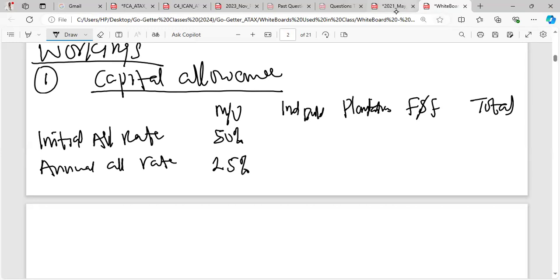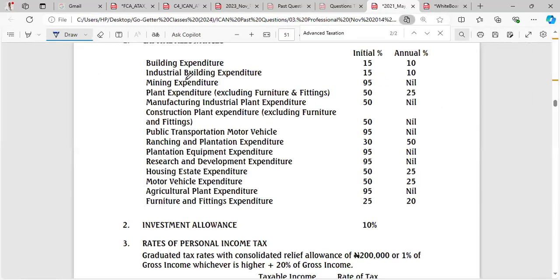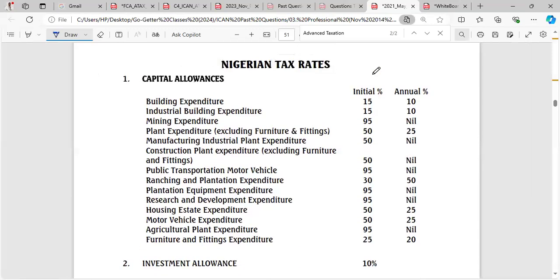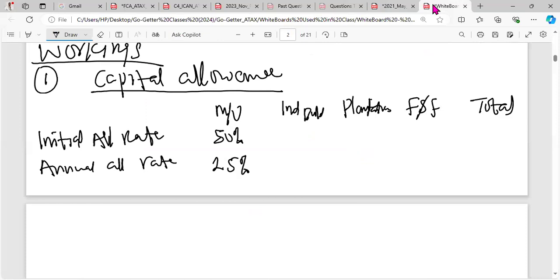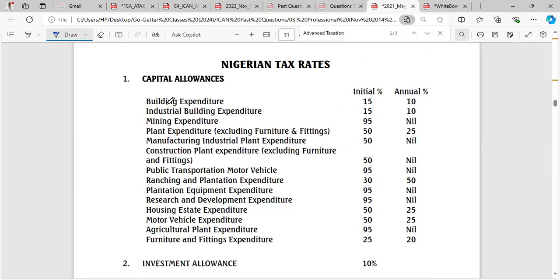Let's look at industrial building. Industrial building expenditure, we have 15 and 10. So we'll write 15 here, and 10. What about plantation? This is not plant and equipment.